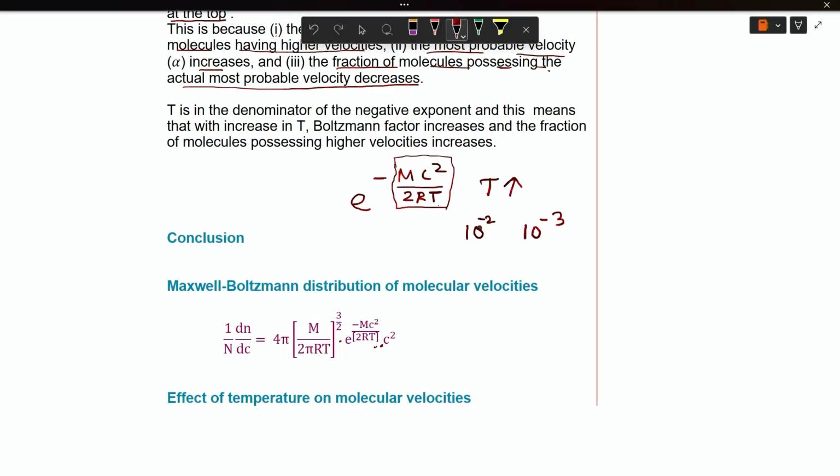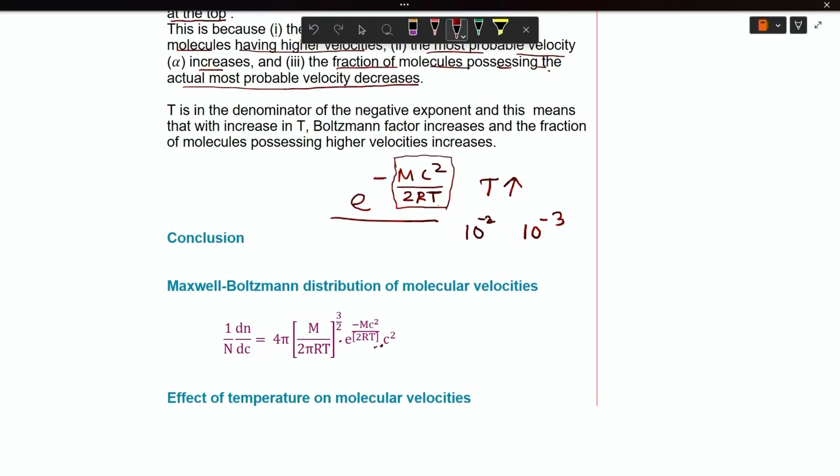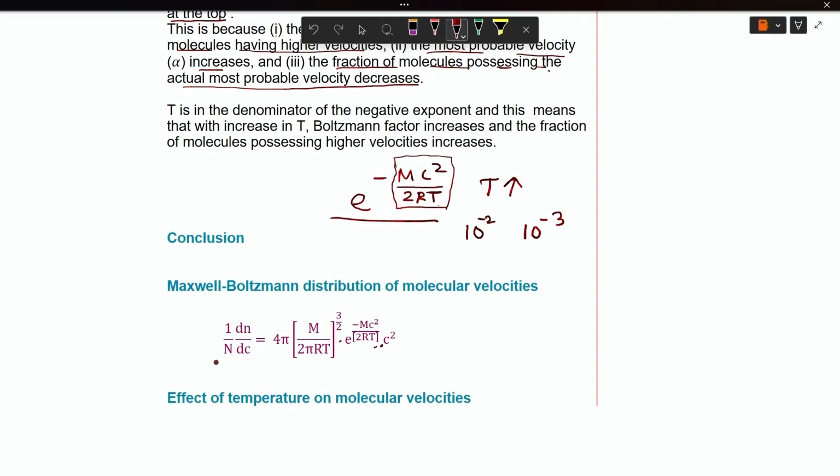So, here when T increases, which is in the denominator, the whole numerical value decreases. That means there is an increase in the value of this term in the exponential, like from minus 3 to minus 2. It is in terms of exponential, and therefore, when there is an increase in temperature, there is an exponential increase in the fraction of molecules possessing a particular velocity.